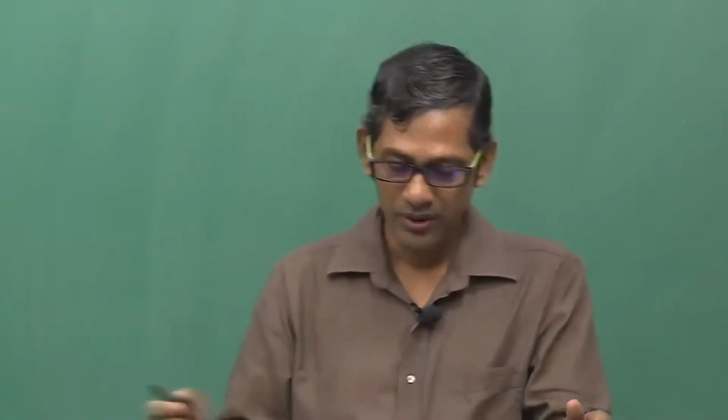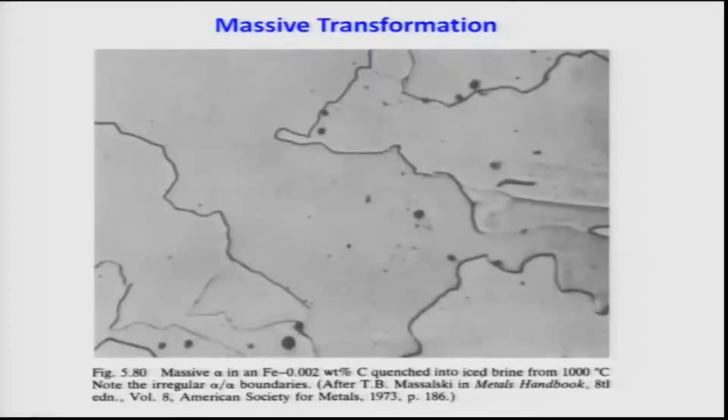The martensitic start temperature MS depends on the carbon concentration. The higher the carbon concentration, the higher the martensitic start temperature. So, a very low carbon steel will have an extremely low MS temperature. So, even cooling in ice brine will not lead to martensitic transformation. These are actually massive blocks of alpha.